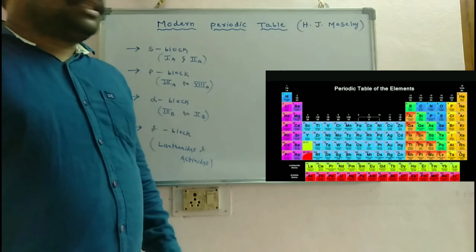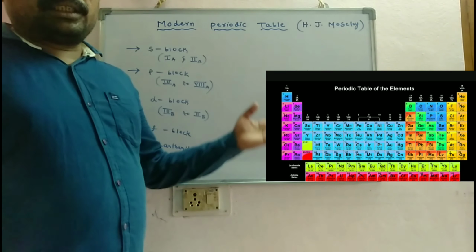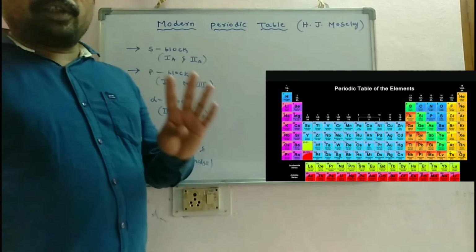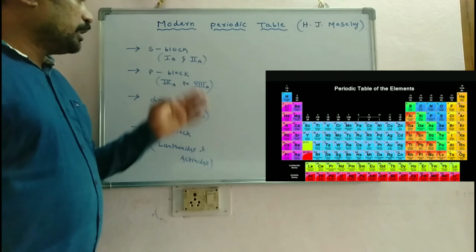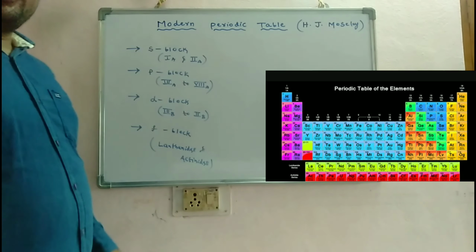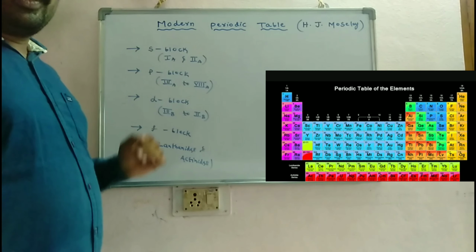Now let us see that the Modern periodic table is again classified into a total of 4 blocks. Those are called S block elements, P block elements, D block elements and F block elements.